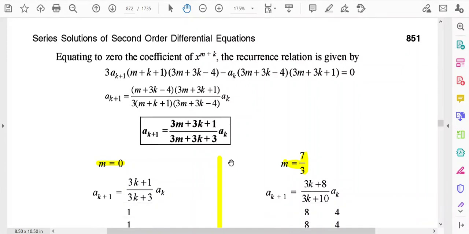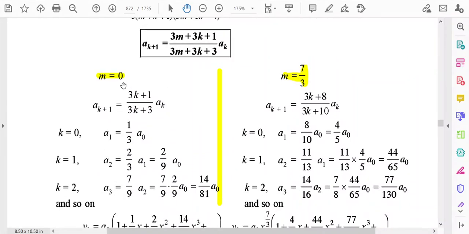Now we have already seen that there are two values of m. The first is m is equal to 0 and the second is m is equal to 7 by 3. From the recurrence relation, at first you have to put m is equal to 0 and calculate different values of a after putting different values of k, that is k equal to 0, k equal to 1, k is equal to 2, and so on.